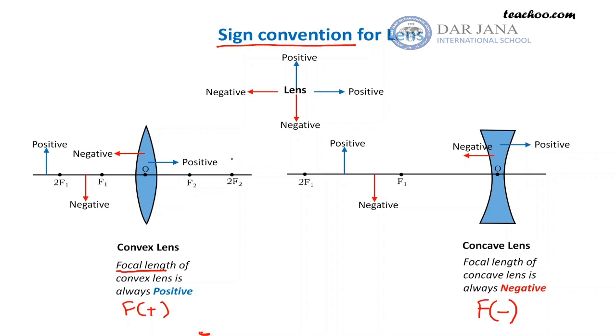If we are talking about the image position, which is the XI, so this is the image. XI, if it is to the left, it is virtual. Everything here or here is virtual. So that's a virtual XI. XI is negative.